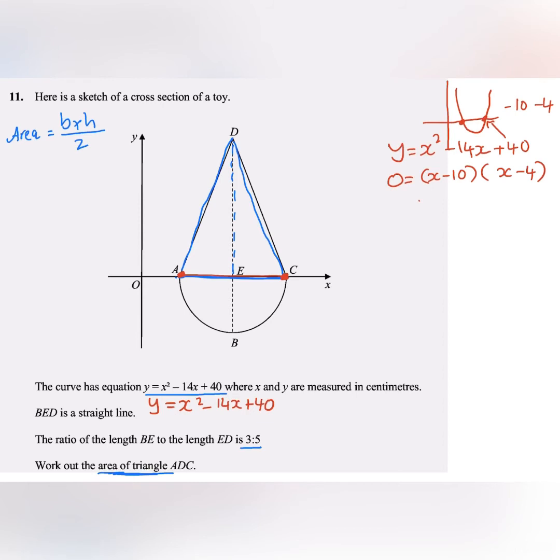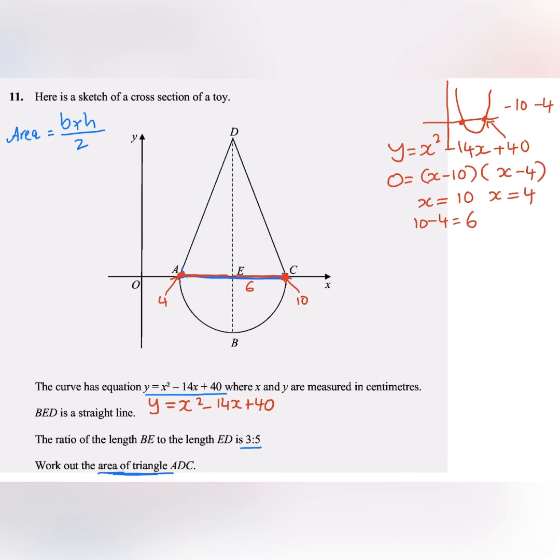And our two solutions to this would be x equals 10, x equals 4. So they're called the roots or solutions of this equation. So we know this coordinate here is 10 and this coordinate here is 4. So the distance between A to C is going to be 10 take away 4, which is 6. So we found the base of this triangle, which is 6.